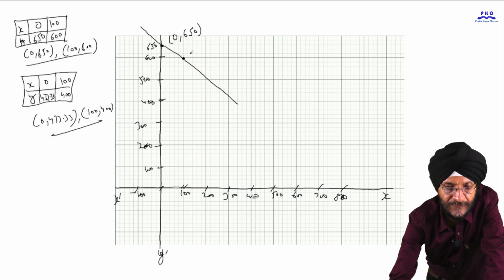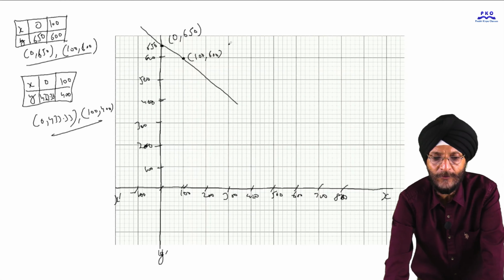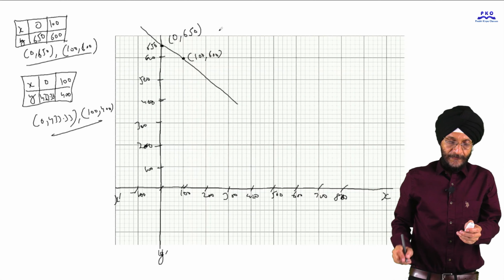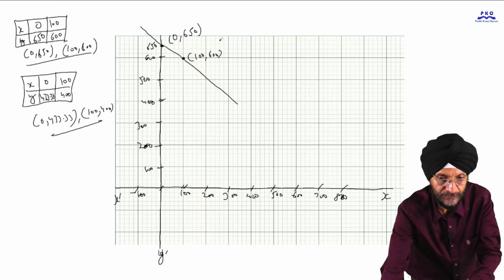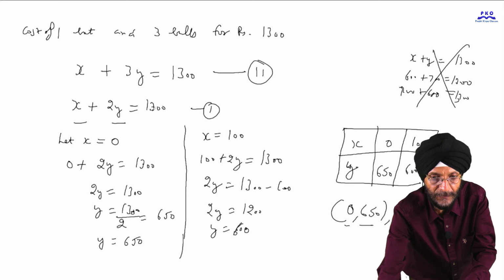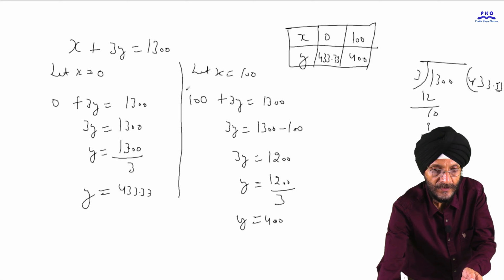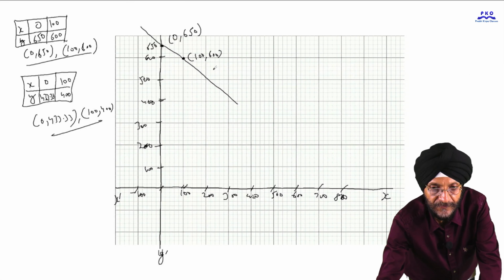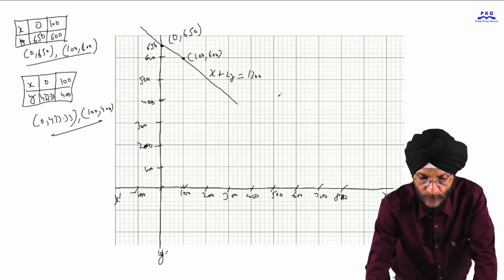This is value of x is 100, value of y is 600. Now we will also have to write the equation here. Now what is the equation here? It is the first equation, x plus 2y is equal to 1300.